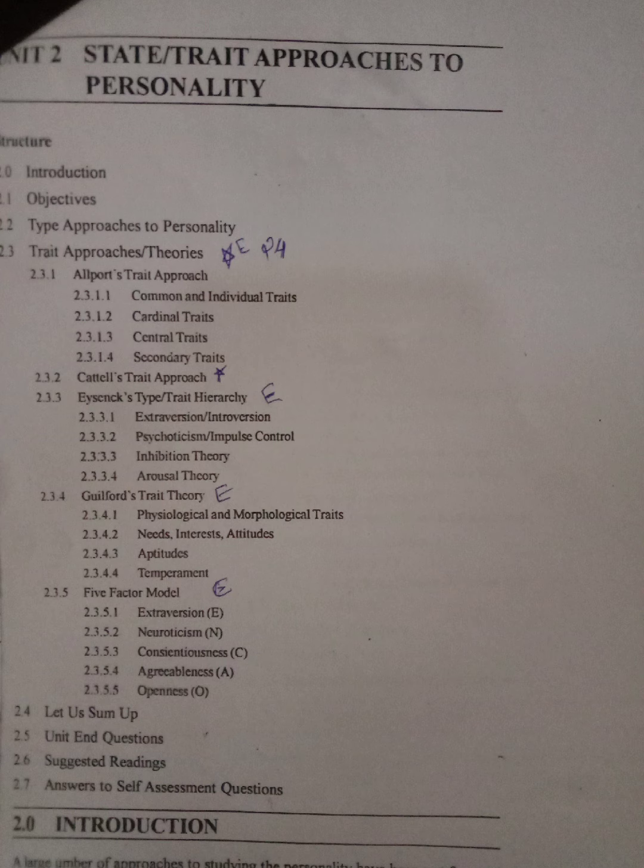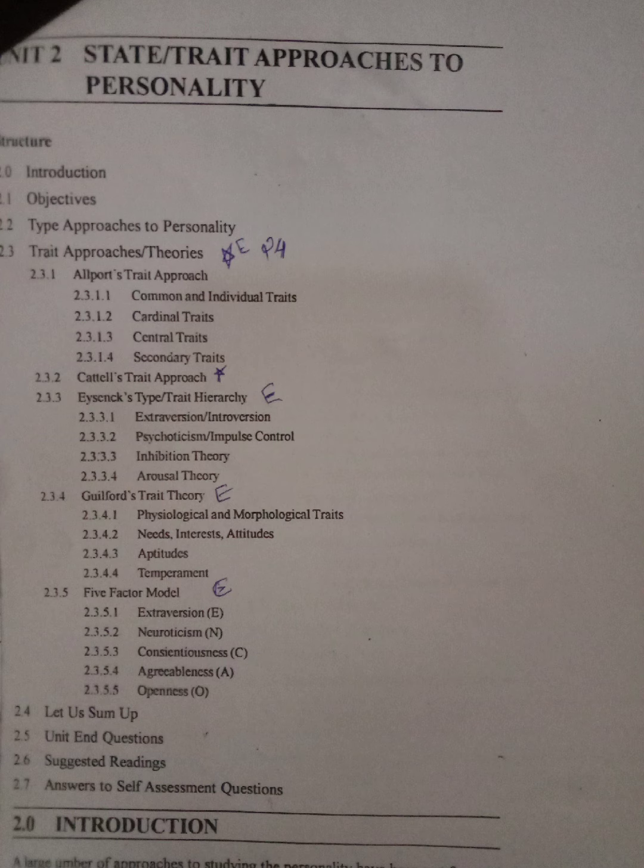In intelligence there are 5 categories of operation, 6 products and 4 contents, altogether 120 factors, and it was modified before his death to 5 operations, 6 products and 5 contents, altogether 150 factors.